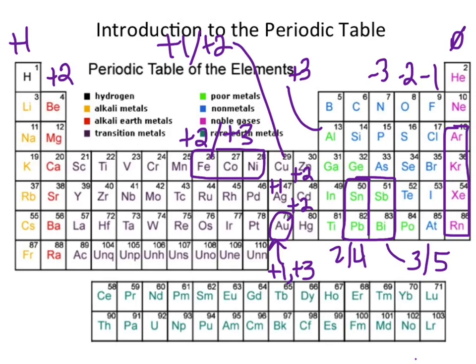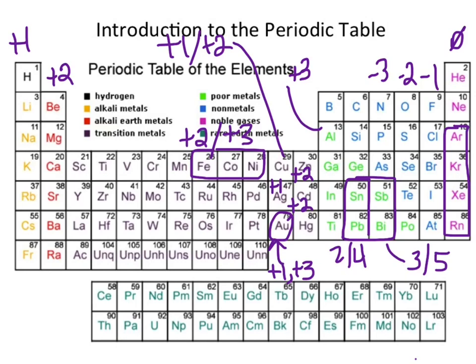And then tin and lead are 2, 4. And antimony and bismuth, 3, 5. So just think of a little pattern right here. You're always going to be given a periodic table, so just get used to finding a pattern in there, like the aluminum, zinc, silver pattern.